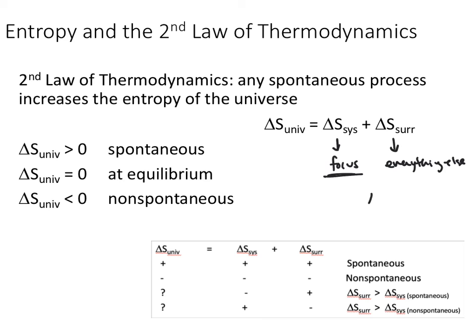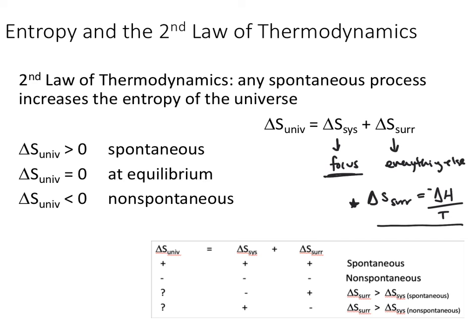So delta S of your surroundings is going to be related to the change in your enthalpy of the surroundings and the relative temperature that occurs at. I'm not going to make you do any calculations associated with this relationship, but I just want you to keep it in the back of your head because it's one of the ways that we derive future equations.